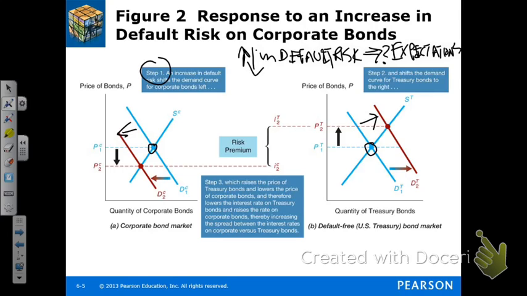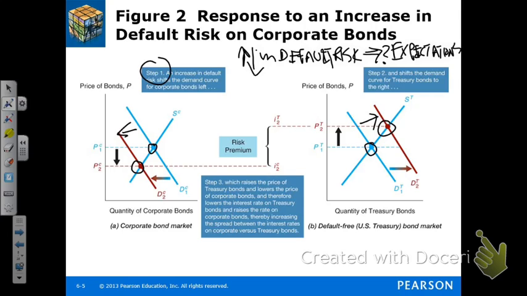So as a result of an increase in the default risk of the more risky asset, two things are happening. Your demand for the more risky asset is going down and your demand for the less risky asset is going up. As a result, the new price on the more risky asset is lower and the price on the less risky asset is higher.